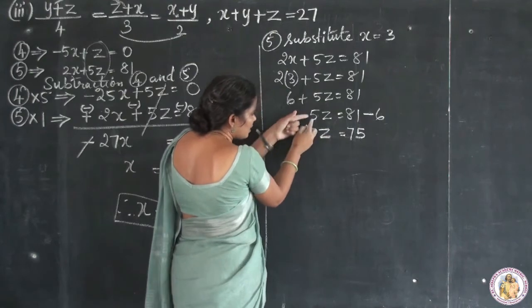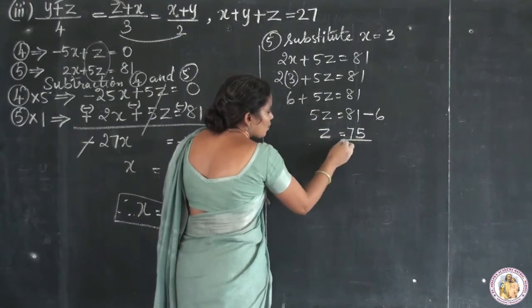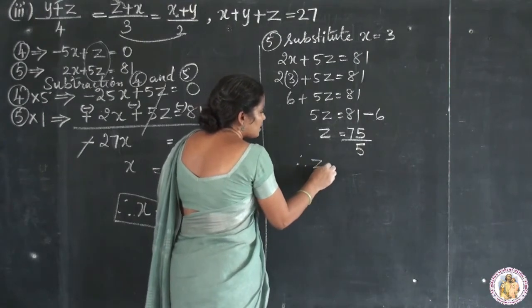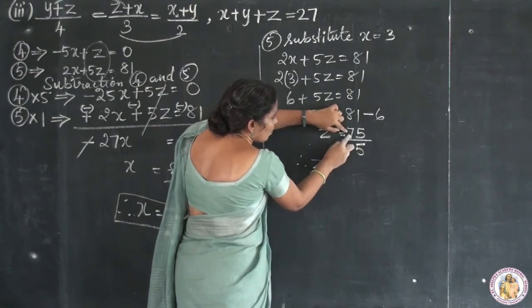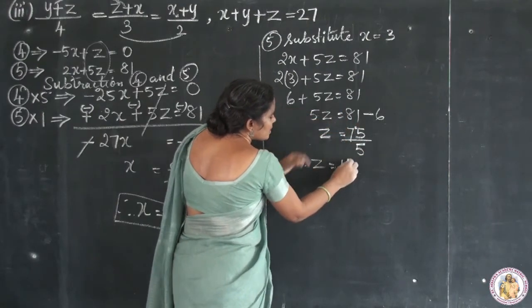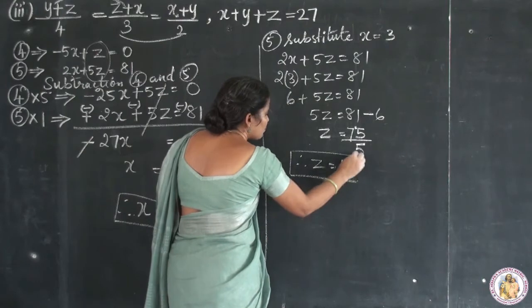Keep this z alone. 5 is in multiplication form. While it moves to the right side, it goes for division. Therefore z is equal to 75 by 5, 5 15s are 75. z is equal to 15.